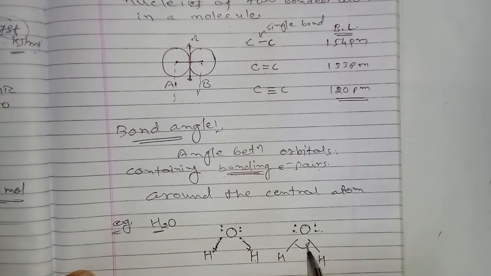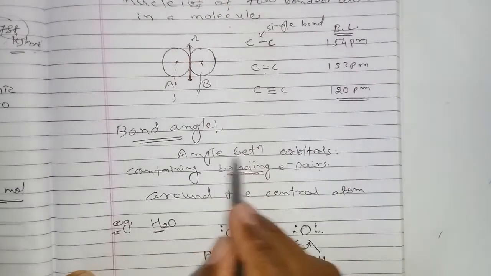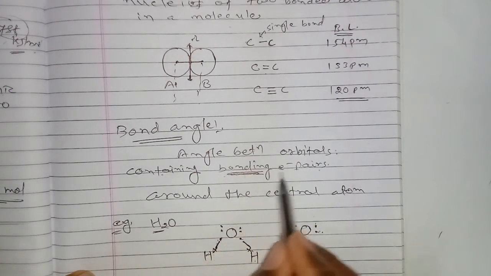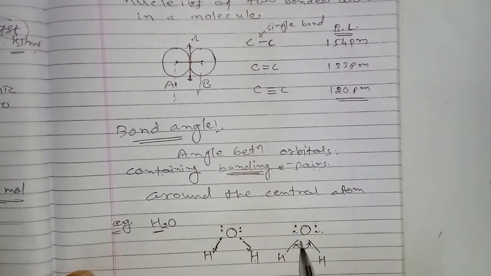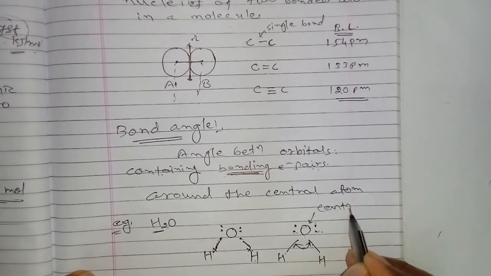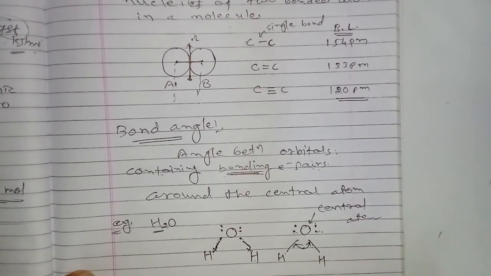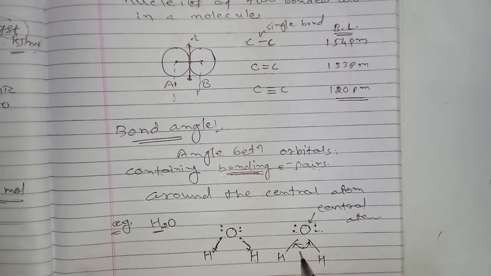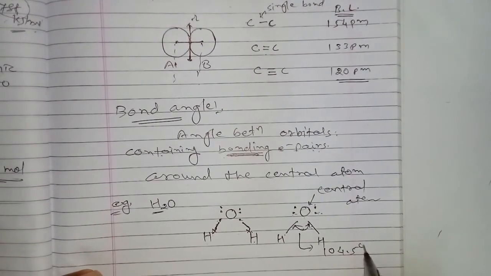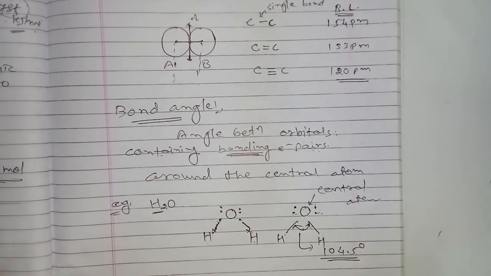Here the bond angle is the angle between orbitals containing bonding electron pairs around the central atom, and its bond angle is 104.5 degree.